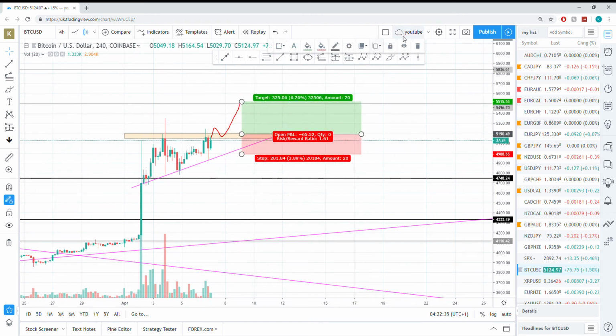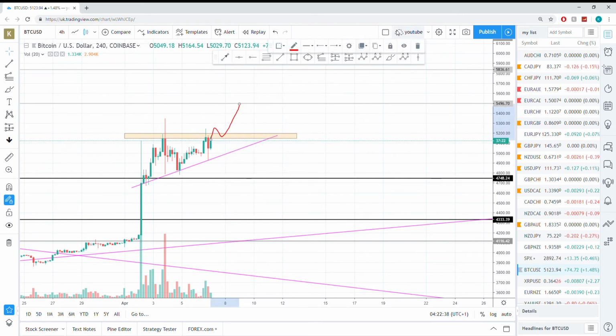But another possibility is that price comes up here. So 1, 2. If it does close up here, and then price comes down like this, it could come something like that, maybe. Oh no, sorry.